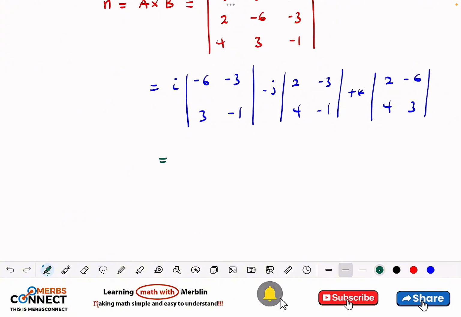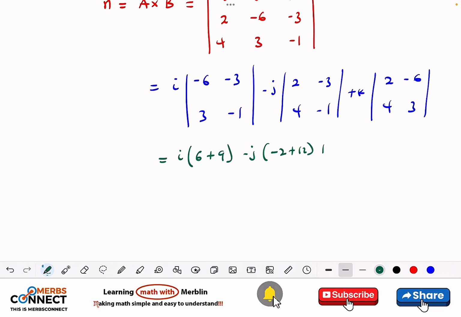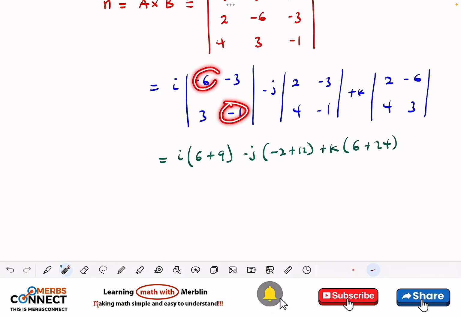So this is going to be i(6 plus 9) minus j(minus 2 plus 12) plus k(6 plus 24). Multiply this one by this, which will be positive, and then minus, but 3 times minus 2 will be minus 9, giving us positive.